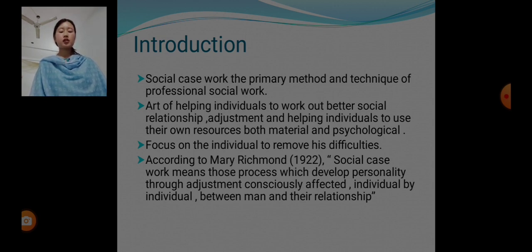It also focuses on the individual to remove his difficulties which are arising out of personal and environmental factors. According to Mary Richmond, 1922, he defines that social casework means those processes which develop personality through adjustment consciously affected, individual by individual, between men and their relationship.